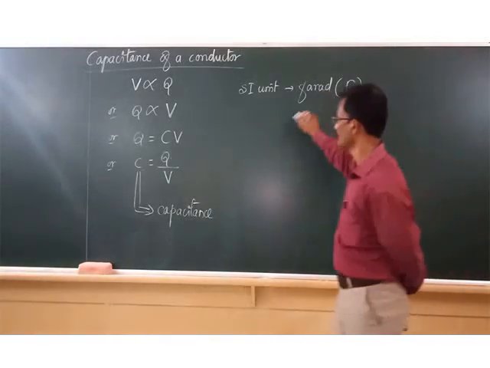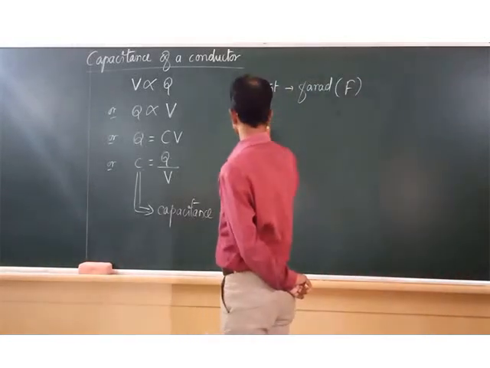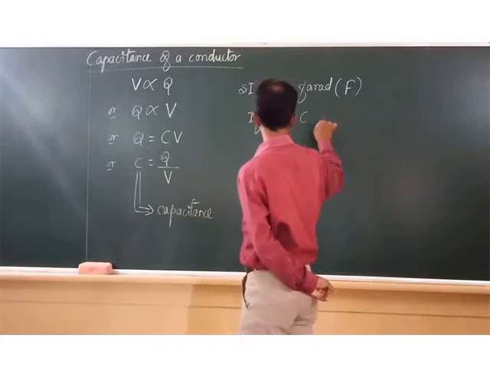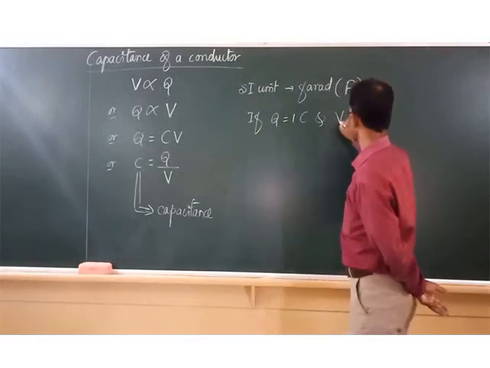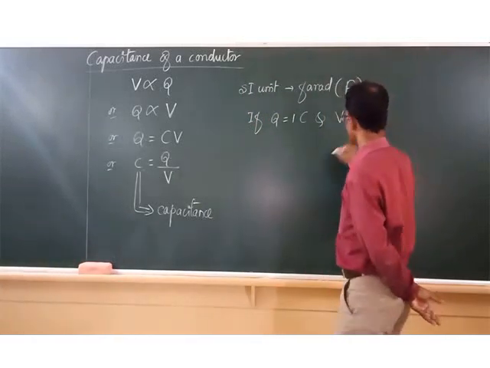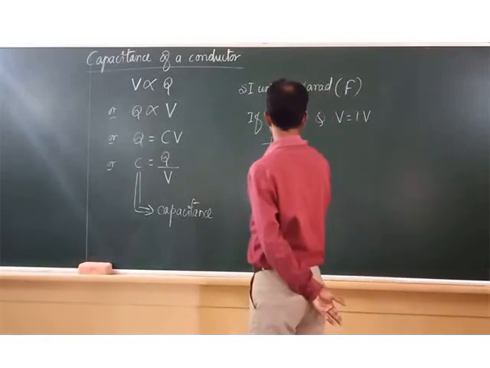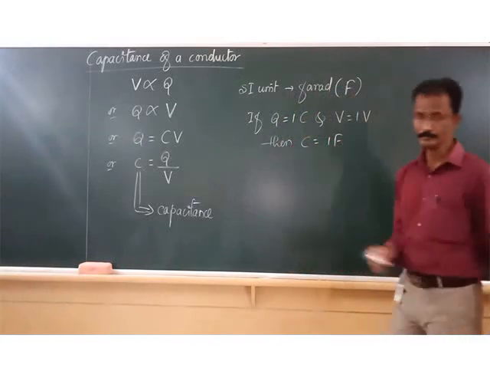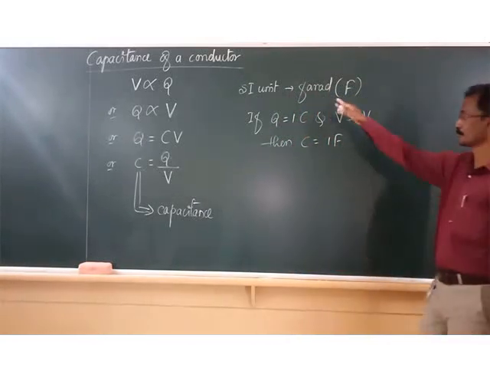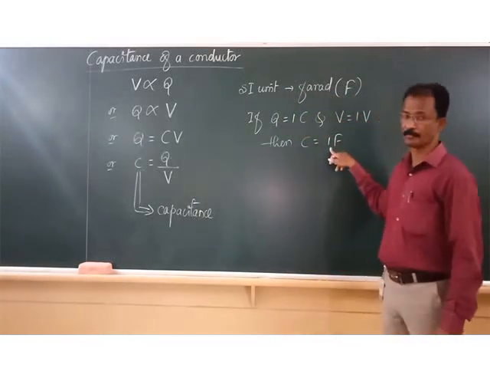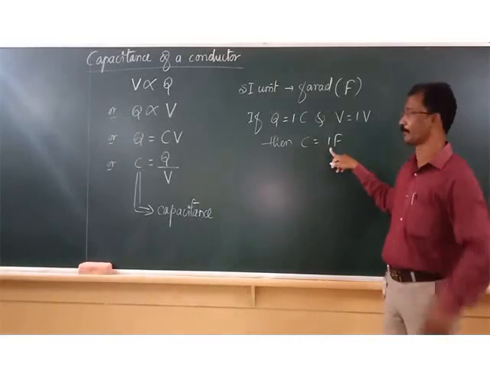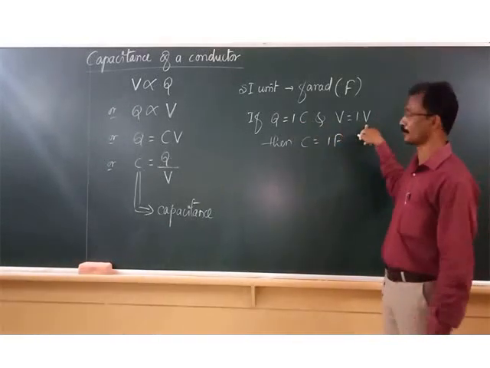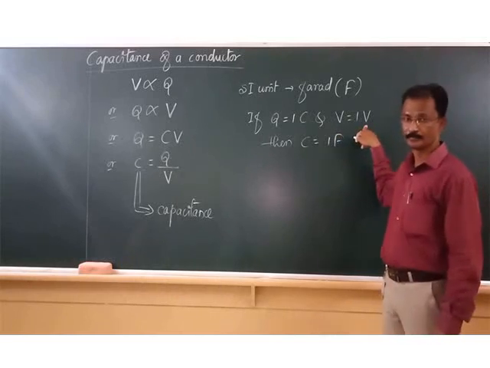If we see from this expression, if Q is equal to 1 coulomb and V equals to 1 volt, then C equals to 1 farad. The capacitance of a conductor is said to be 1 farad if 1 coulomb of charge is required to raise its potential by 1 volt.